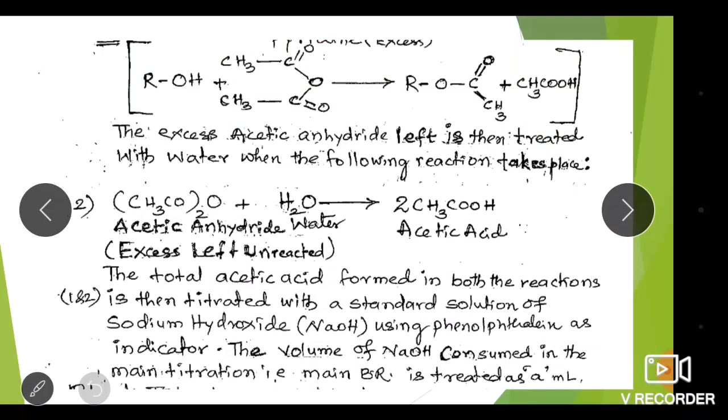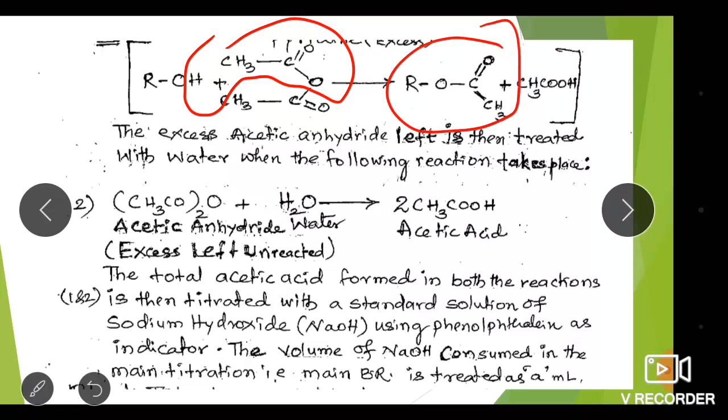After that, ROH reacts with acetic anhydride, CH3 C double bond O, C double bond O CH3. Then the hydrogen gets replaced with this group, and the remaining product is the acyl product, RCOCH3, the ester, and the side product is acid.